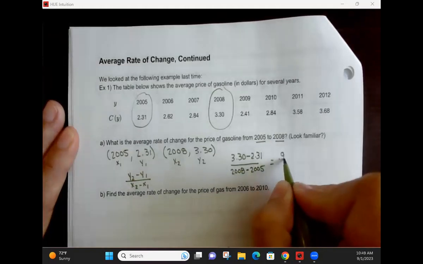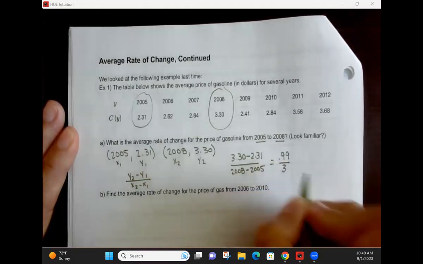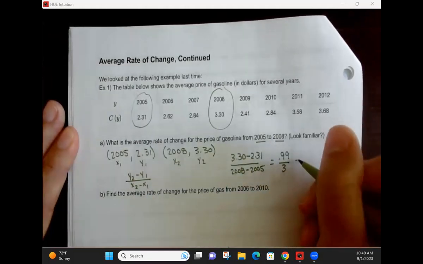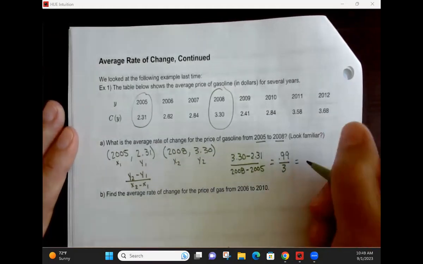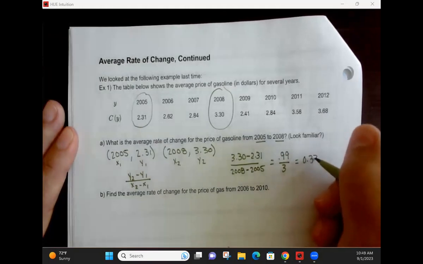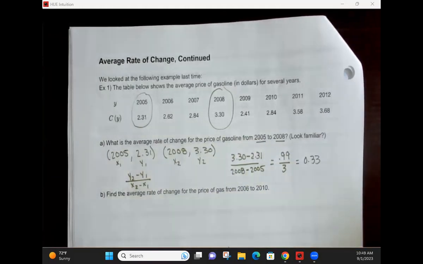On top, we get 0.99. On bottom, we get 3. And then based on the context of this problem, I'm going to go ahead and divide this out, and we would get 0.33. If this looks familiar, it's because this was example 2 from last time, okay?